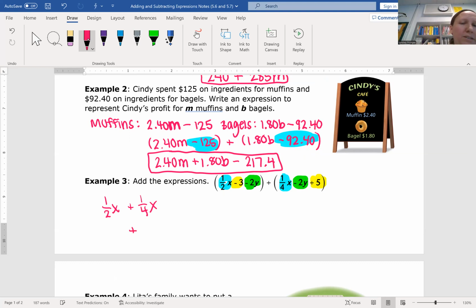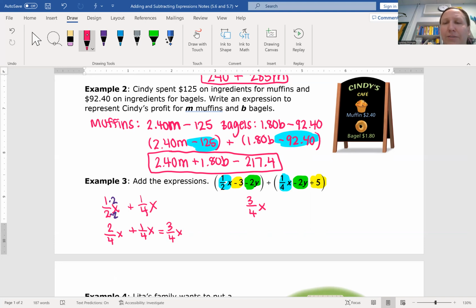So I'm going to keep my second fraction as 1/4 x, but I need to change this one into something out of 4. Well, what do we do to 2 to get to 4? We times it by 2. So I need to do the same thing to the top. So my new fraction is going to be 2/4 x. And now I can add them together to get 3/4 x.